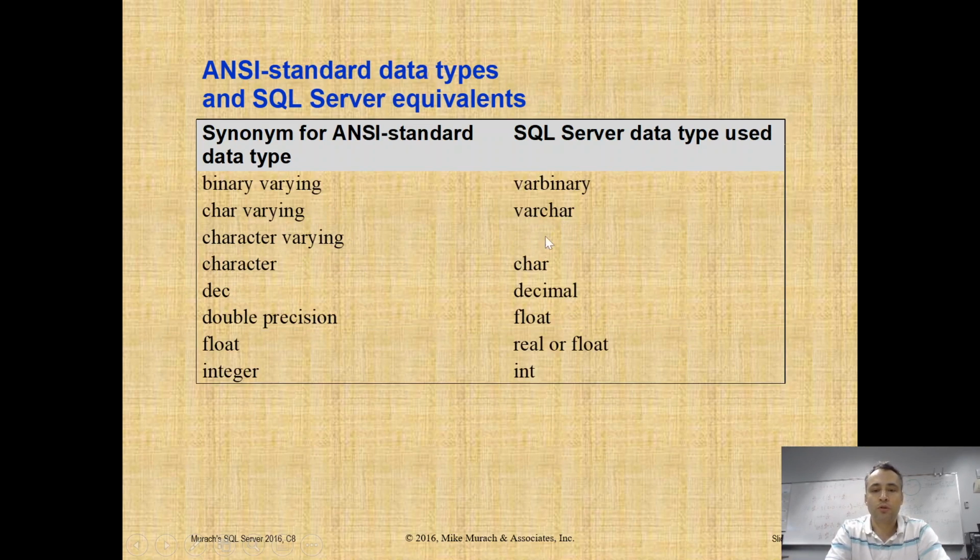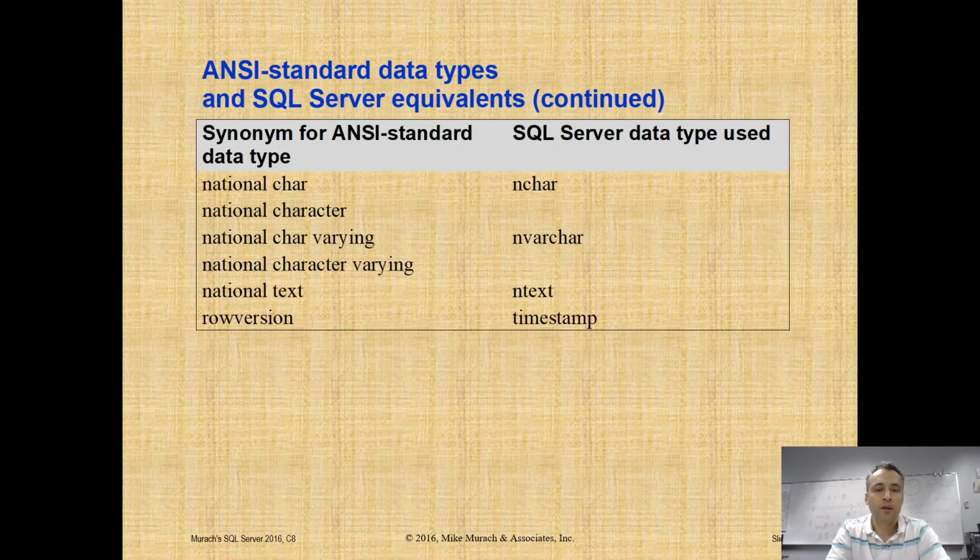Two types to work with real numbers, decimal and float, and also various int types. We will discuss the difference between decimal and float later. Oh yes, we also have nchar and nvarchar. Those are for Unicode characters.